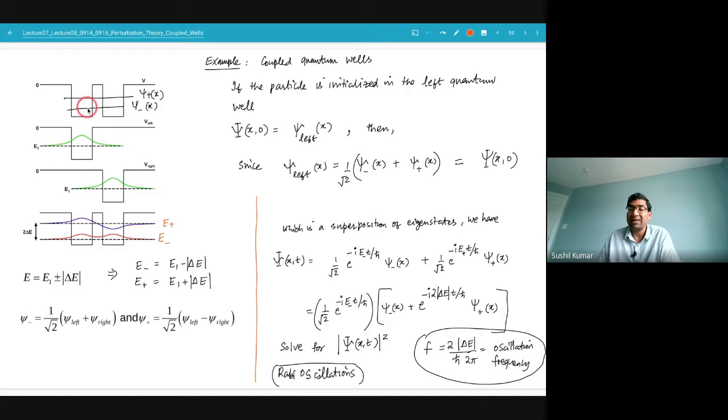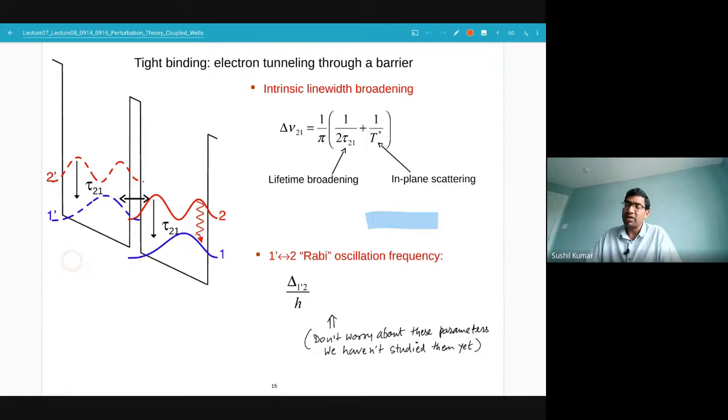Your particle can tunnel through barriers even if it does not have enough energy. And there is a specific frequency of oscillation you can find. I'm going to show you a movie for something that, for example, the lasers that we build in our group are kind of based on this principle.